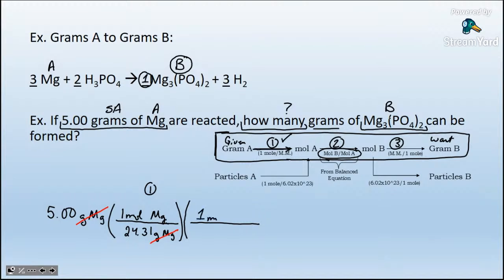So there would be 1 mole of magnesium phosphate that is produced over my moles of A. So this would be 3 moles of magnesium that is reacted. That would take care of my step 2. And again, notice, moles of magnesium in step 1 cancel moles of magnesium in step 2.